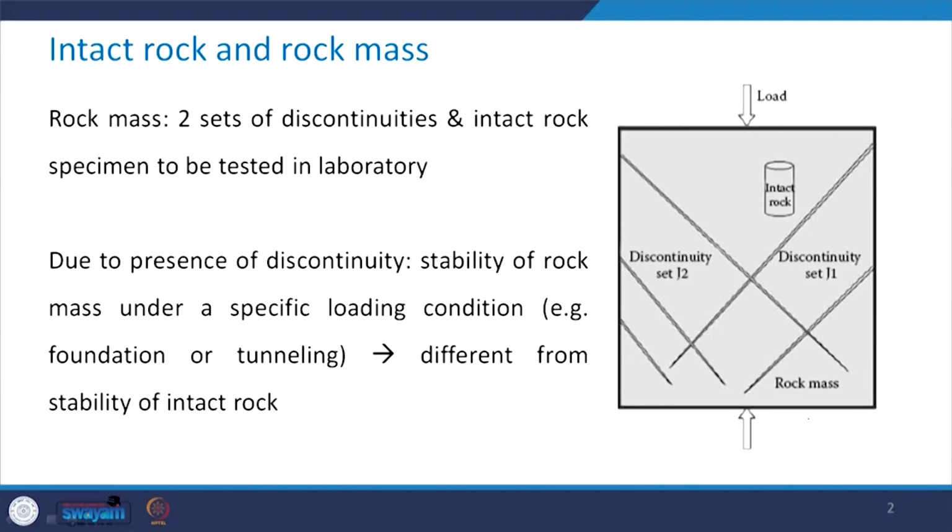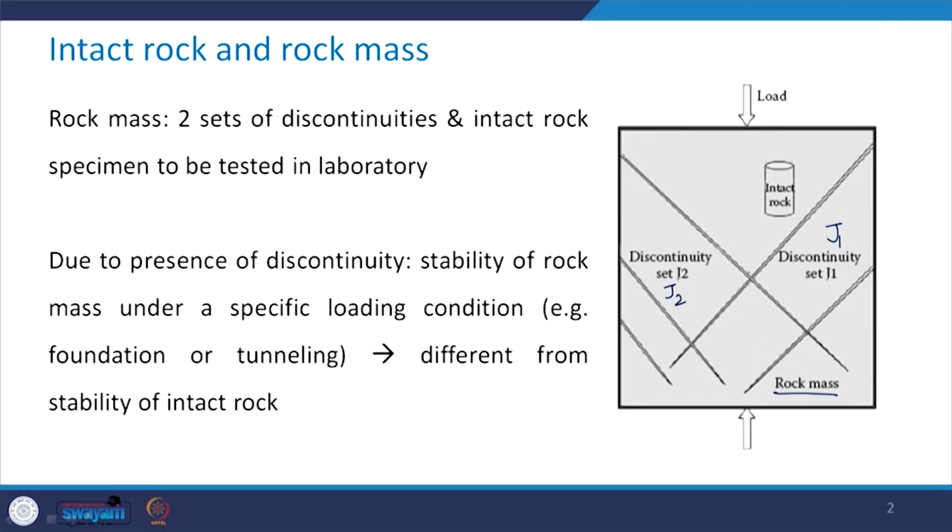So here in this picture you can see a rock mass which has two sets of discontinuity. Let us say the first set is J1 and the second set is J2. You know how we define a discontinuity set.